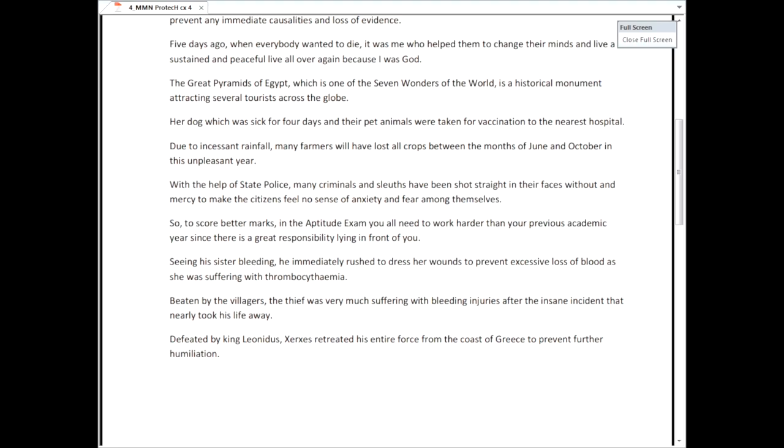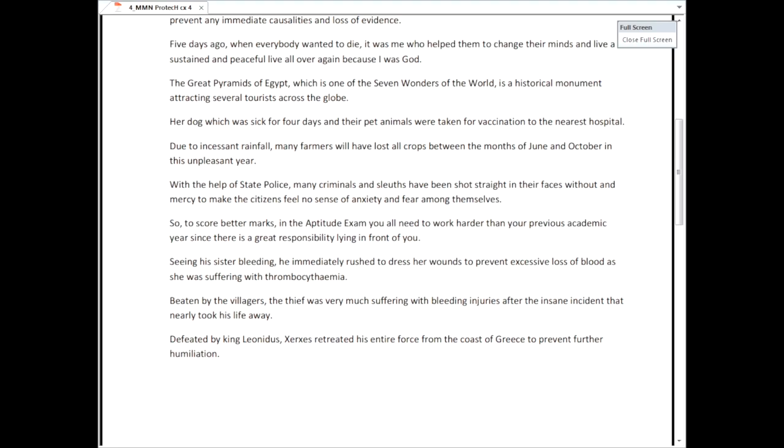Okay. Look for the subject. Up to there, a phrase of adverb will continue. So let's see here. So to score better marks in the aptitude exam, you all need to work, verb to verb.